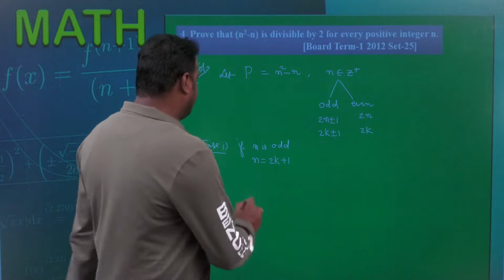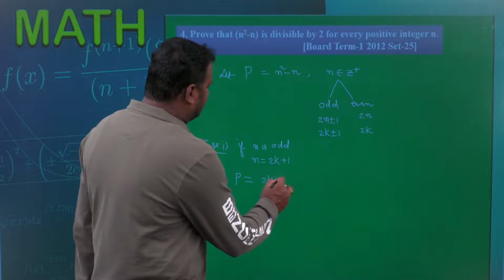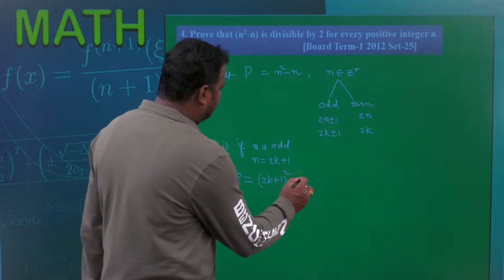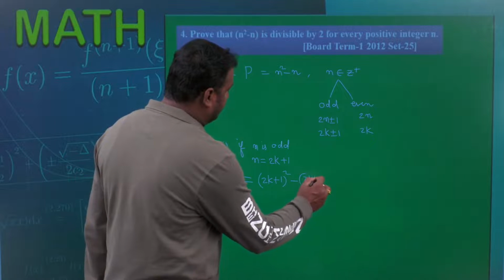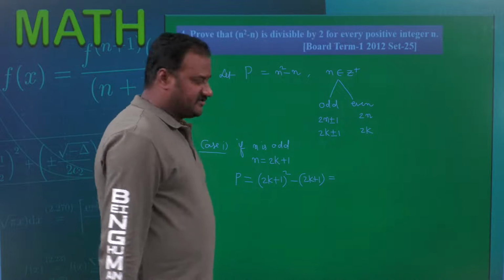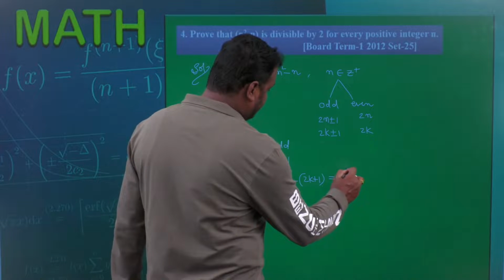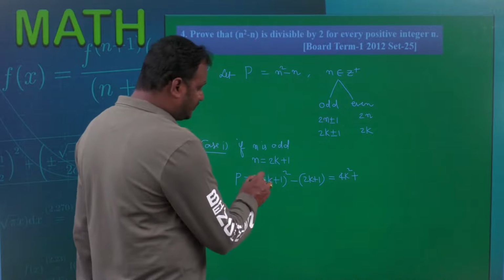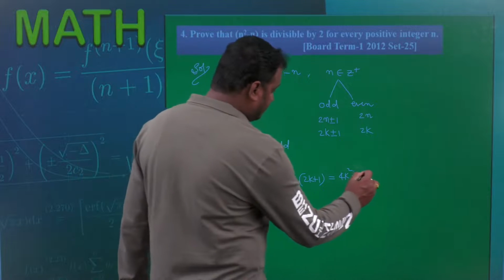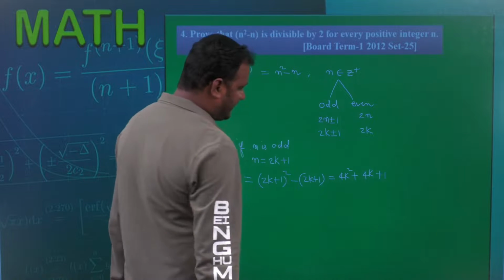If you substitute that, then p is equal to (2k plus 1) whole square minus (2k plus 1). (2k plus 1) whole square is in the form (a plus b) whole square: a square, (2k) whole square, is 4k square, plus 2ab, 2 into 2k into 1 is 4k, plus b square, 1 square is 1.